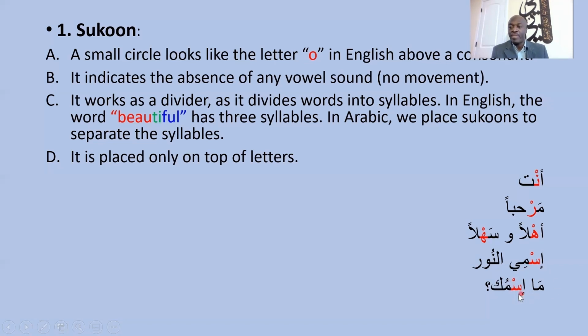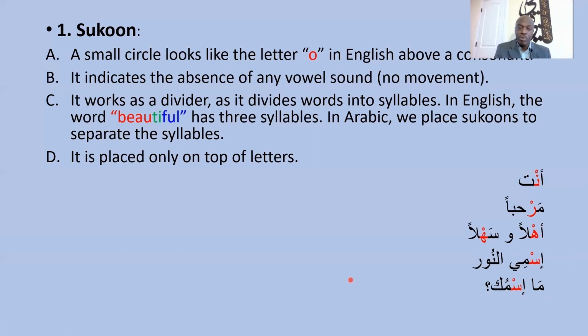We need to separate them. We go here, we hit the brake, and then we continue going. Ismuk. So the sukoon separates the two syllables.